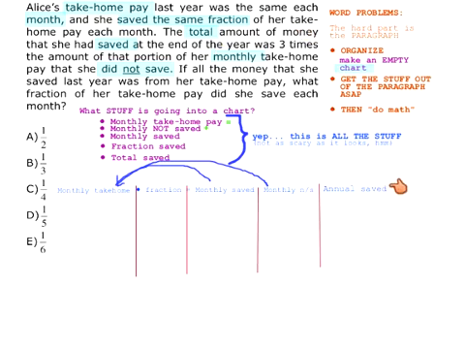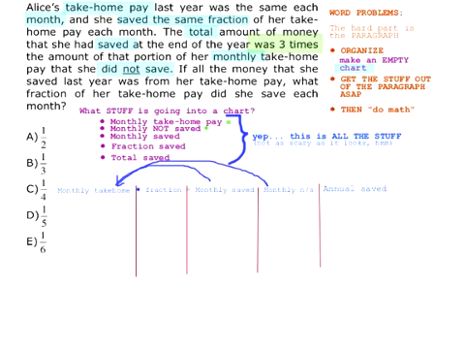The total amount of money that she had saved, that's that, was 3 times the not saved monthly. So that's a relationship. Let's just put that in there.